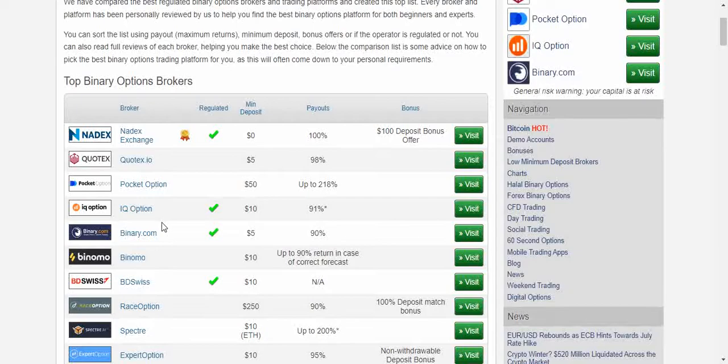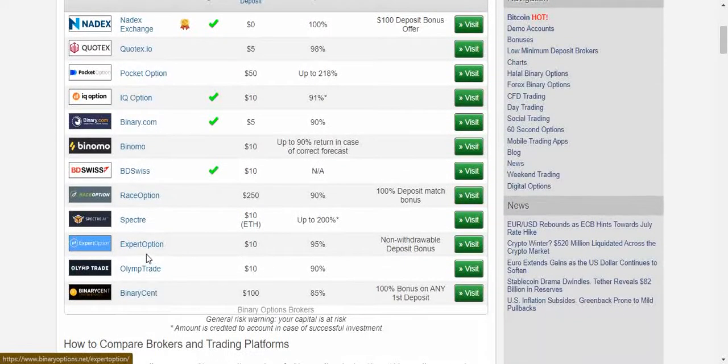So that is binary.com. Now we have IQ Option, we have Pocket Option, we have all these. We have Olymp Trade.